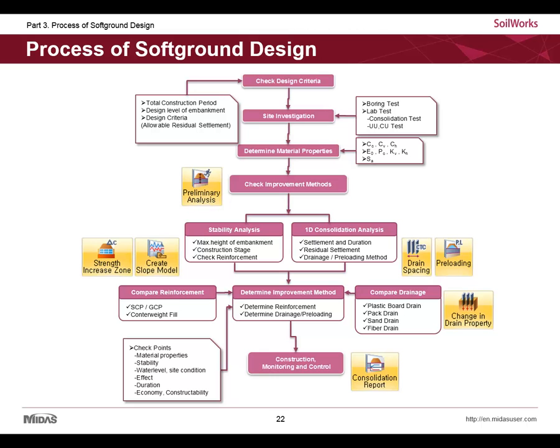And we have parametric analysis to get drain spacing and preloading height. And we can perform slope stability analysis taking into account the increase in strength of soft ground. And all results will be consolidated in one report generated automatically after analysis.